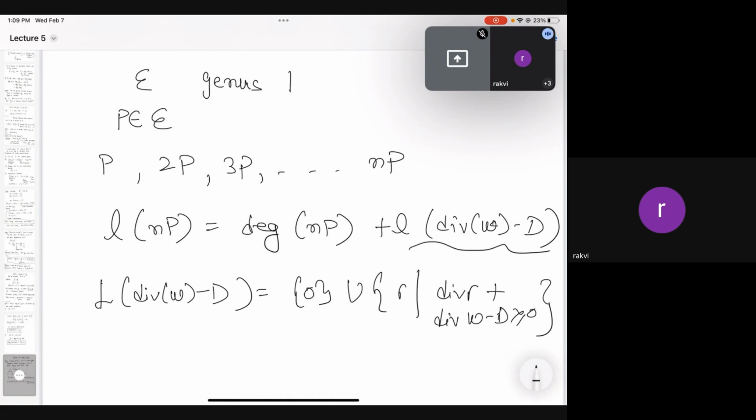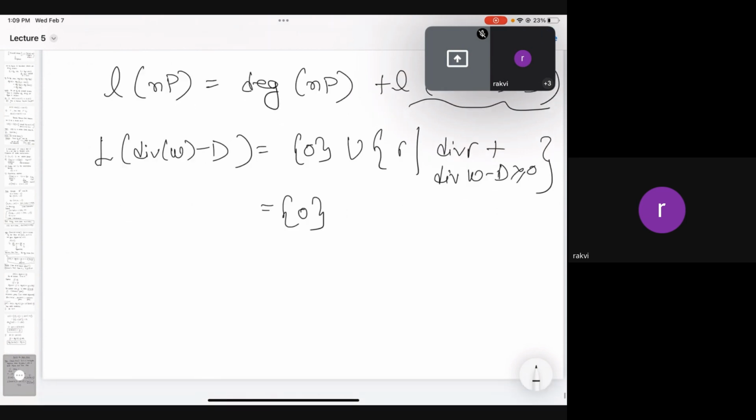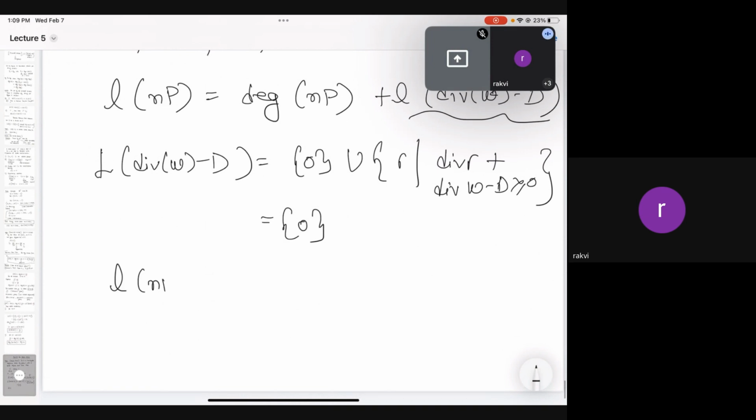Degree of D is n, it's positive, so minus n is bigger than or equal to 0. So it's not possible for me to achieve this, so this is simply 0. So this vector space just consists of 0, and the basis for this space is just the empty set. So this dimension is 0.